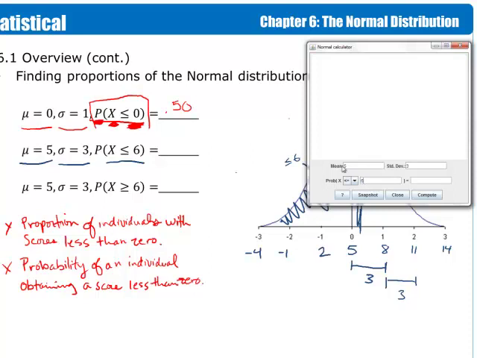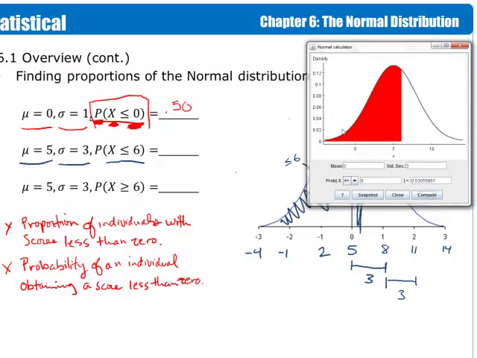You can see that we're plugging in the numbers just as we see them in the statement. Now, if you had the variance instead of the standard deviation, then all you would do is take the square root of the variance and put it in here for the standard deviation. So now we click on compute and it will give us the answer.